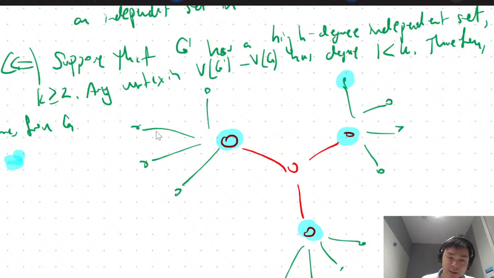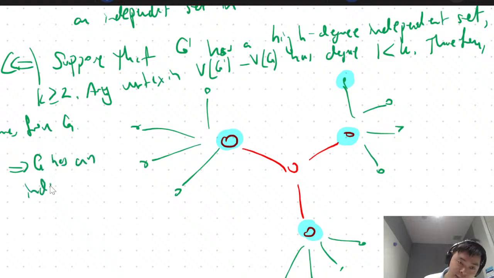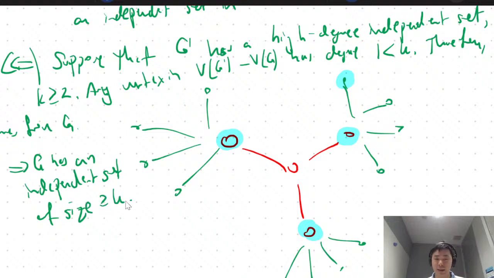So this implies that, in fact, G has an independent set of size at least k. And we are done.